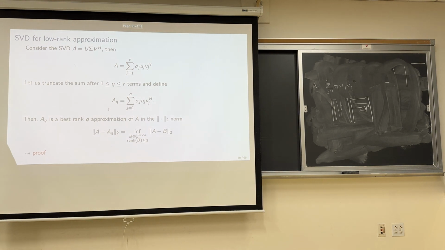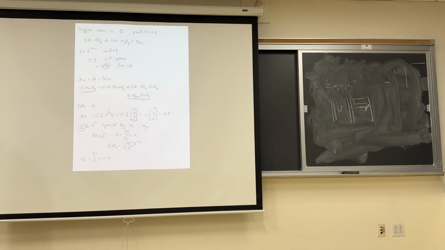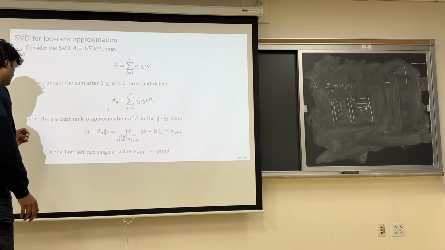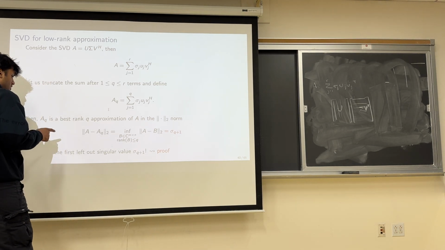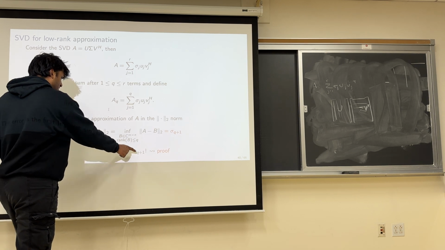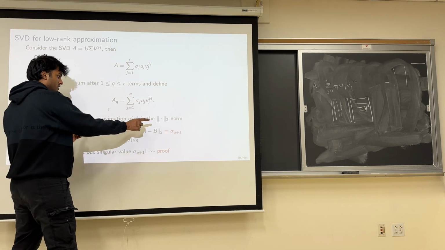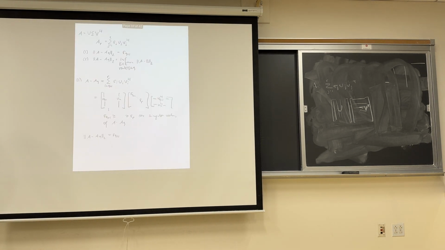So the residual is, if I do a rank q approximation, the first singular value which is left out. So if this is A_q, then A minus A_q in the 2 norm is sigma_{q+1}. Let's see the proof now.